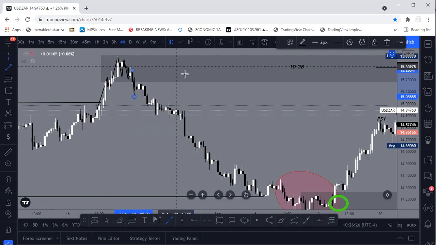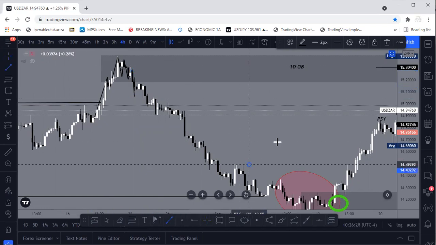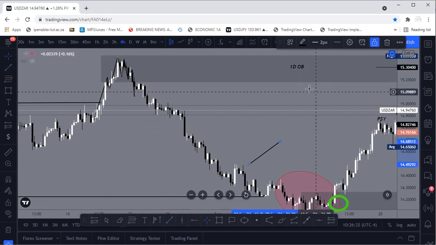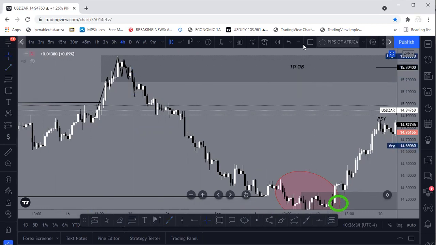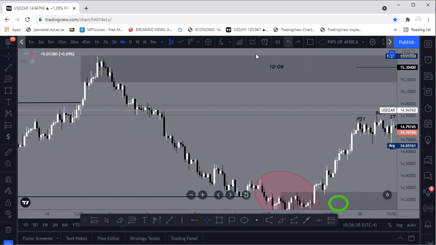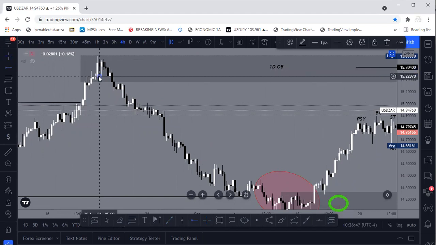So we can expect the price, the market. Okay, let me try to delete everything. So now you can see that here already, if you join these points, I'm going to ask you about these things when they happen.